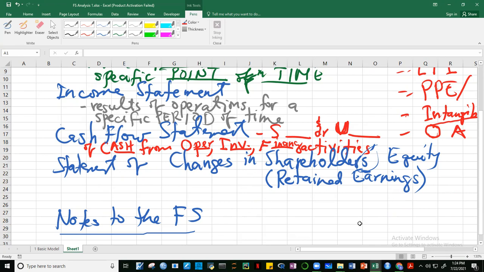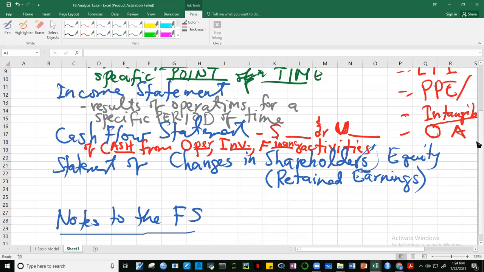Kung may changes ba dun sa common stock, ibig sabihin meron bang panibagong investments, infusion ng investors, tapos kung nadagdagan ba yung retained earnings. And then last, you have the notes to the financial statements.